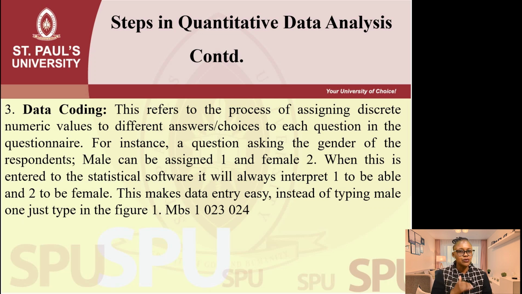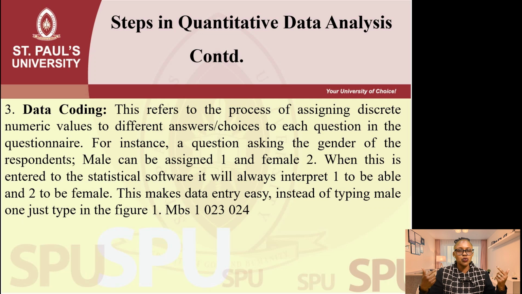Now, when it comes to data coding, because normally the statistical packages that we use for analyzing data, they understand a certain kind of language. Most of the time, they will not understand narrations, for example. So it is hard for that package to understand what you mean by male or female.